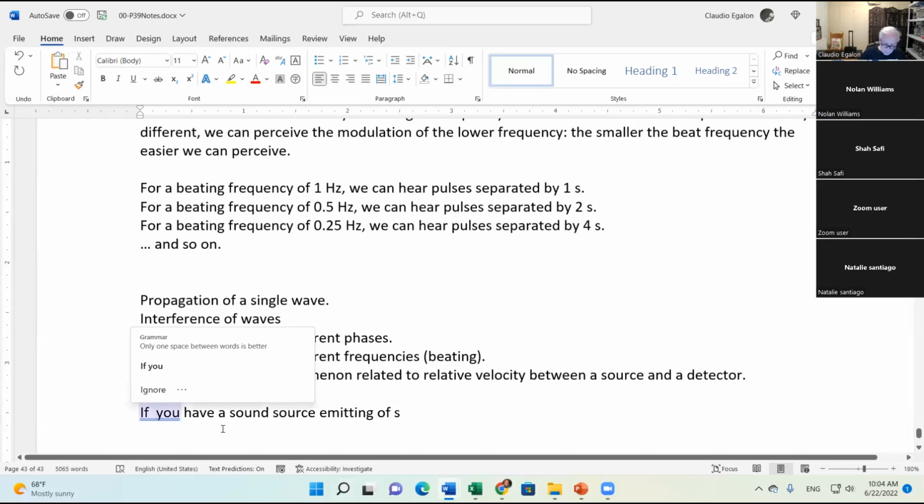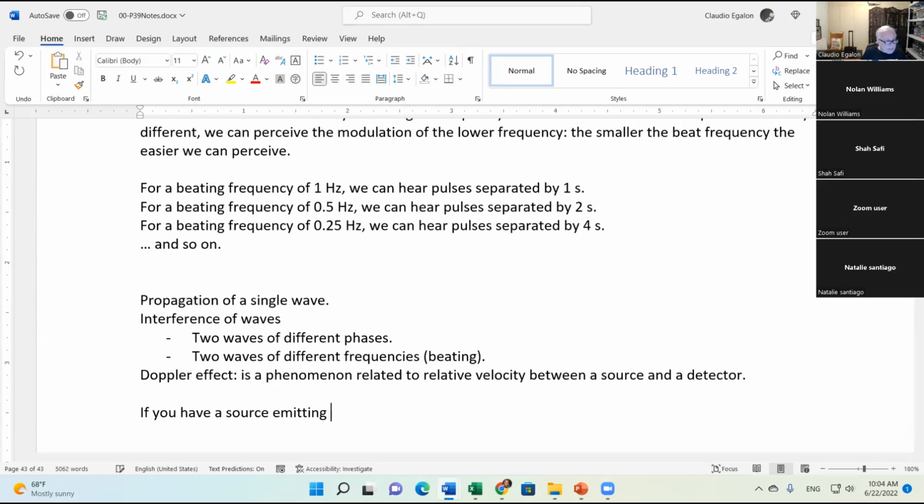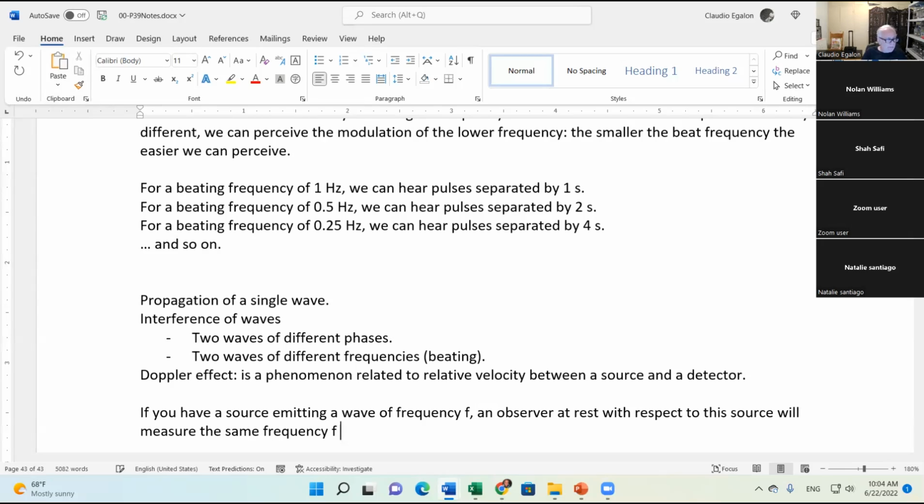If you have a source emitting a wave of frequency F, an observer at rest with respect to the source will measure the same frequency F for this wave.